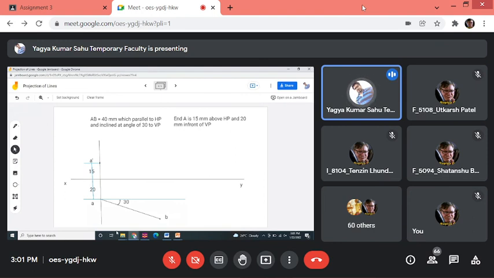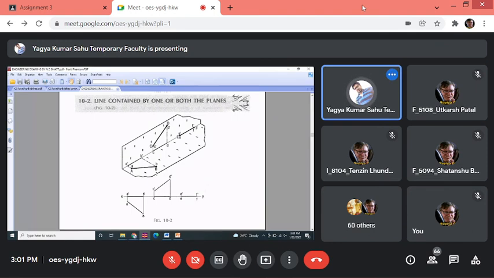Now, what about B dash? For B dash, draw another projector line like this. On this projector line, you'll get B dash. And what about the orientation of A dash B dash? When the line is parallel to HP and inclined to VP, the orientation of A dash B dash is parallel to XY.